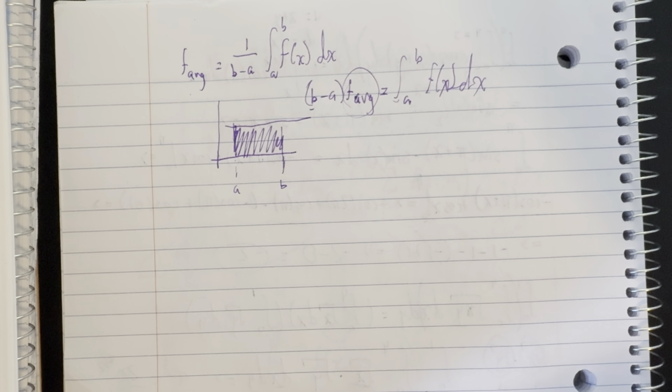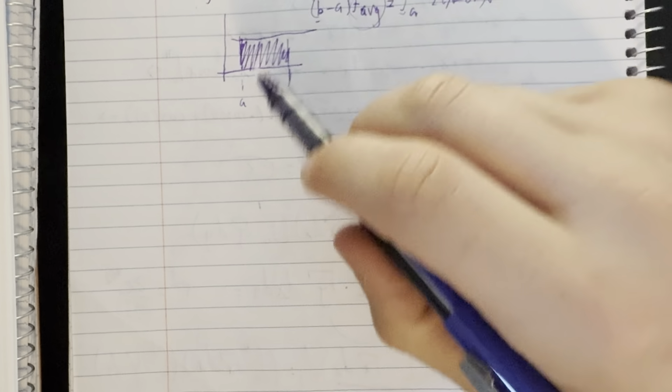Okay, but the Calc 3 version is basically the same thing, except your region isn't a length, it's an area. So it's pretty similar.